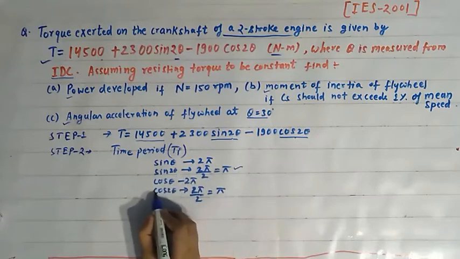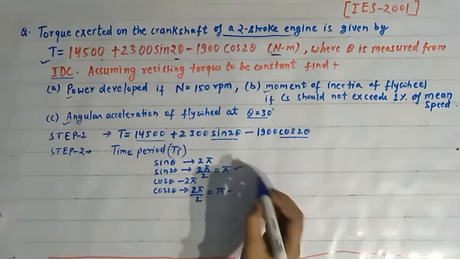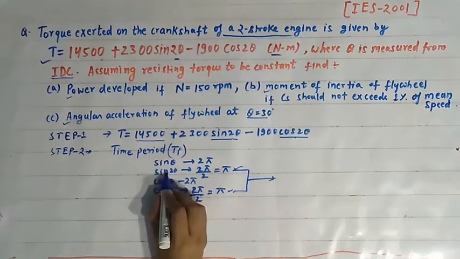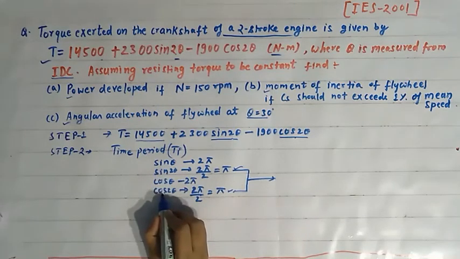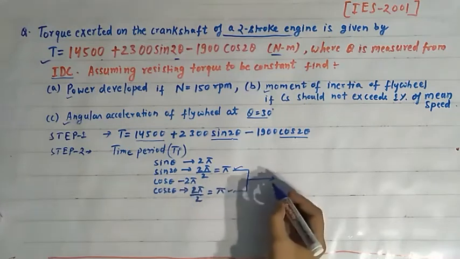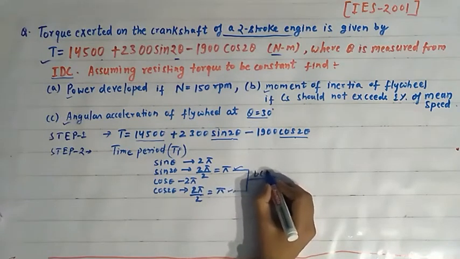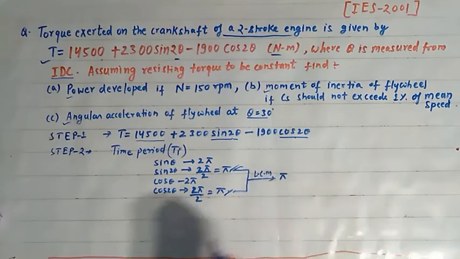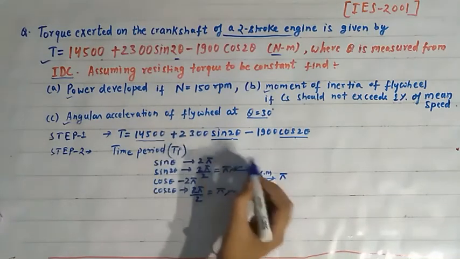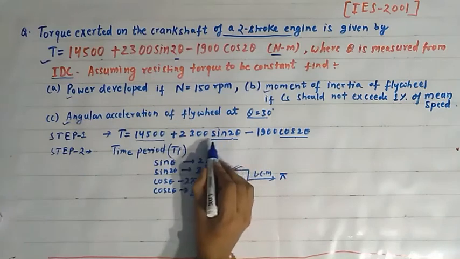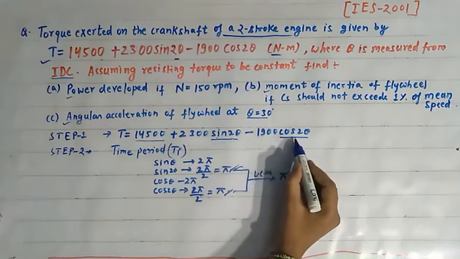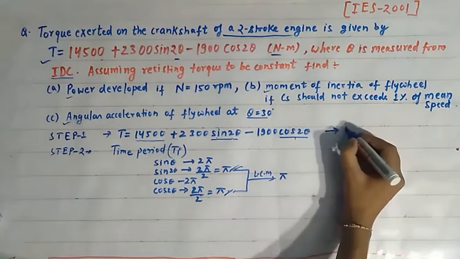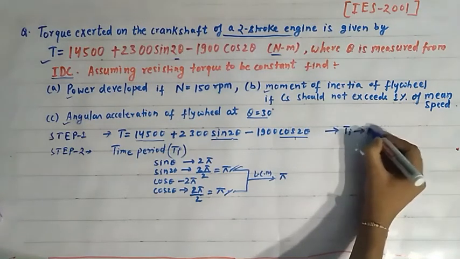The LCM of pi and pi is pi. So the time period of this expression, which consists of the two terms sin 2 theta and cos 2 theta, is pi. So Ti is equal to pi.